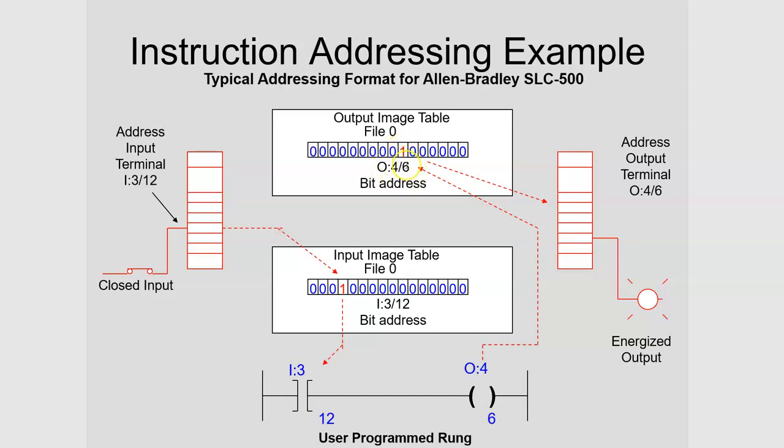Again, addressing is important. I map this bit position to that screw terminal because of these numbers right here. Output module 4, bit position 6. Screw terminal will be number 6 over here. And because there's a 1 there, then whatever's connected to it, which looks like a lamp, that lamp's going to turn on.